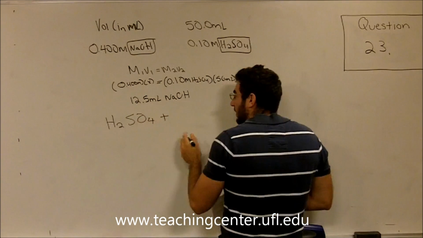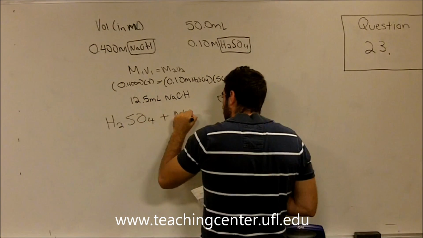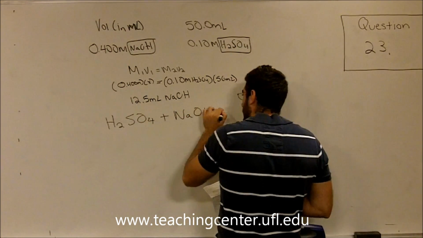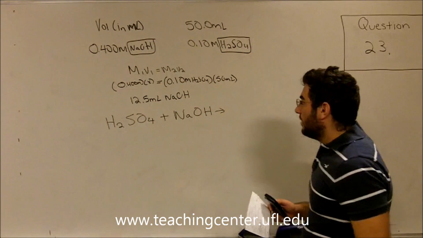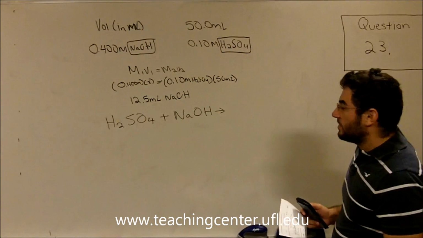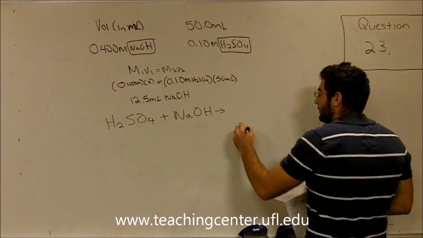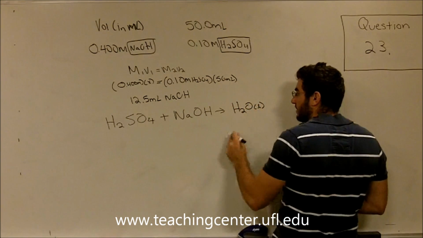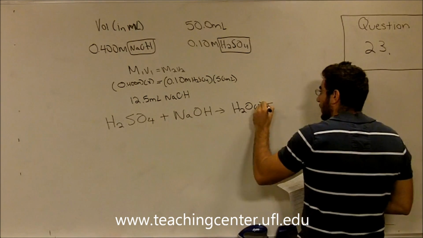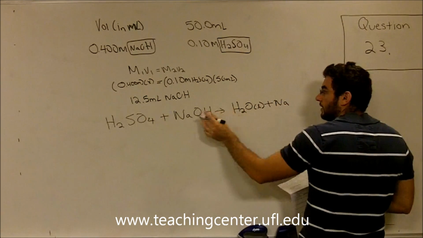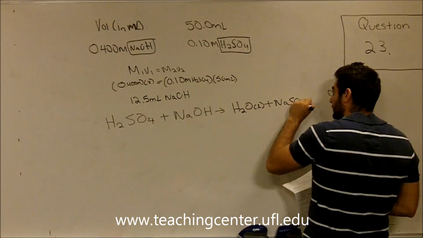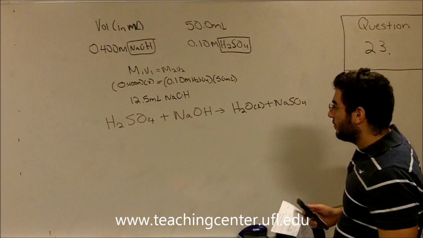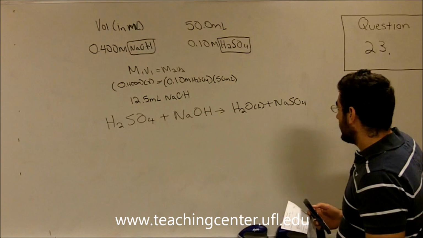So sulfuric acid plus sodium hydroxide. Well, we know that when 2 come together, we're going to form water. And in this case, we're going to form sodium sulfate. But we need to go through and balance this reaction.